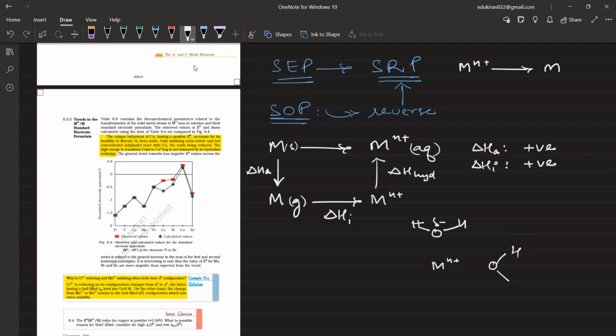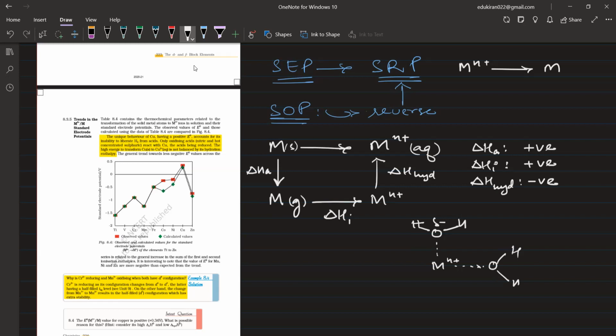So these interact with Mn positive, and they are going to have attractive forces, yes or no? This is attraction, and whenever you have attraction, there is a release of energy. So delta H hydration will be negative.